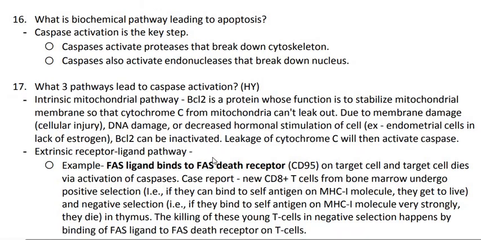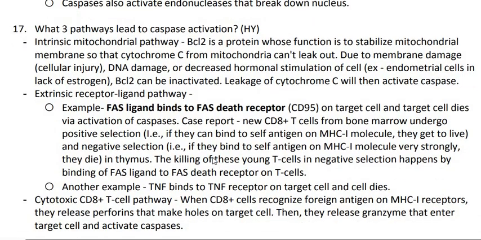Extrinsic receptor pathway, for example: Fas ligand can bind to the Fas receptor CD95 on the target cell, and the target cell dies via activation of caspase. For example, CD8 plus T cells from bone marrow undergo positive selection: if they bind to self-antigen on an MHC1 molecule, they live. In negative selection, if they bind to self-antigen on an MHC1 molecule very strongly, they die.